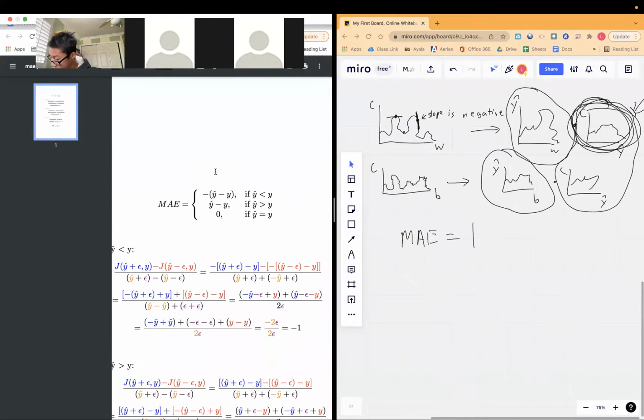MAE is going to be equal to the absolute value of y hat minus y. You guys remember that? Okay, so we're going to divide it into a piecewise function.